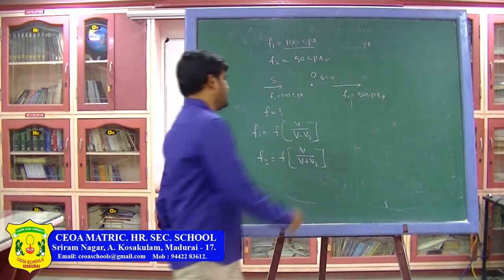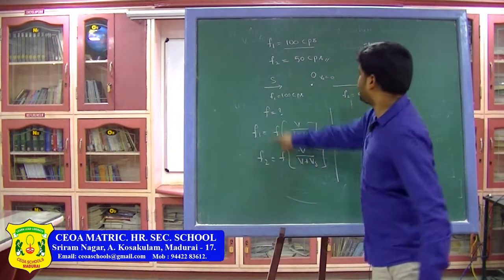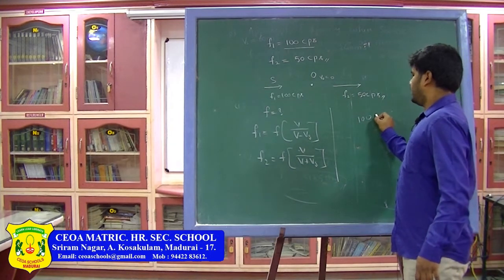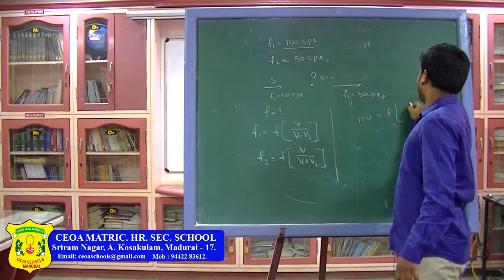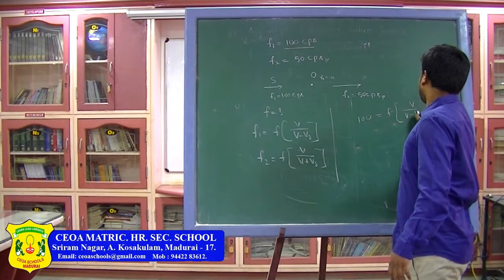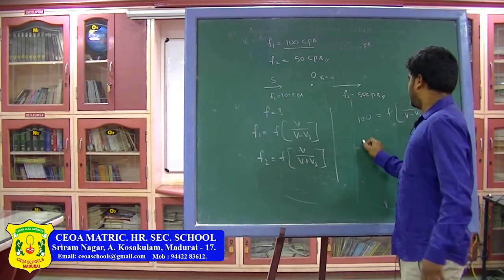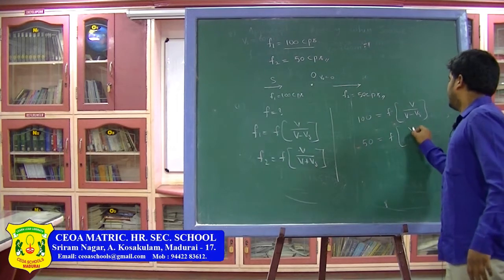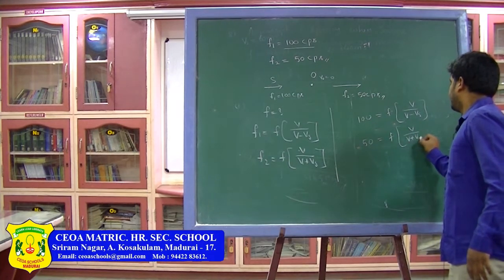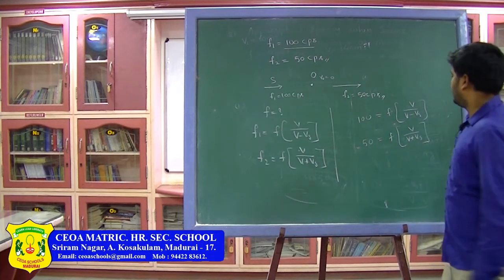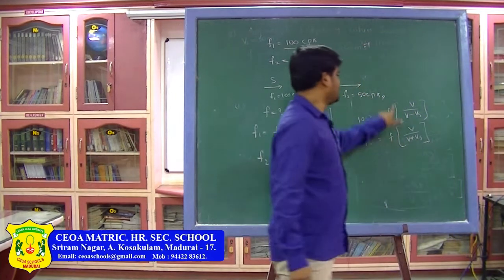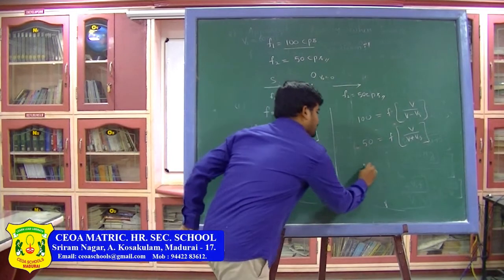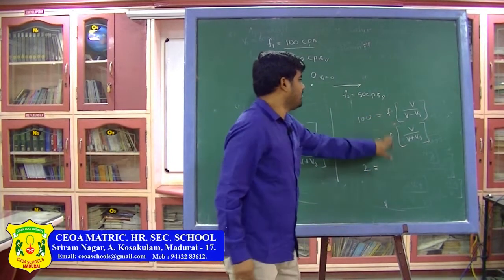Now, let us substitute the given values: F1 is 100, so 100 is equal to F into V divided by V minus Vs, and the other frequency 50 is equal to F into V divided by V plus Vs. Now, taking the ratio of these two equations, the left hand side you will get 100 by 50, that is equal to 2, and on the right hand side F will get cancelled.